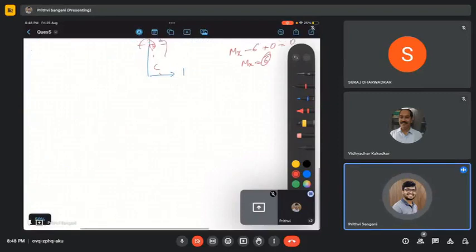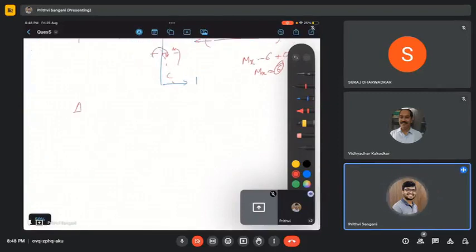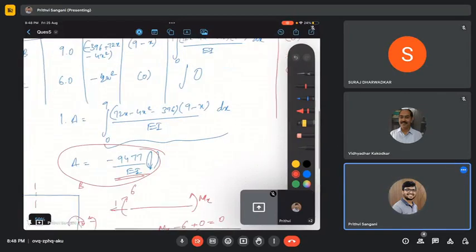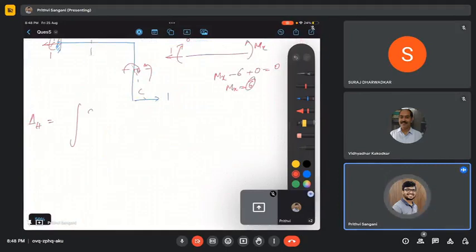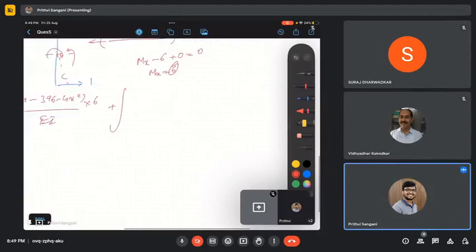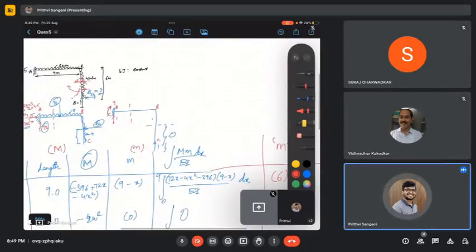So if you want to find the horizontal displacement, delta horizontal is, this is again delta vertical, I'll just rewrite it again. The integral from 0 to 9 of 72x minus 396 minus 4x square divided by EI into 6, plus the integral from 0 to 6 of minus 2x square times x divided by EI dx.